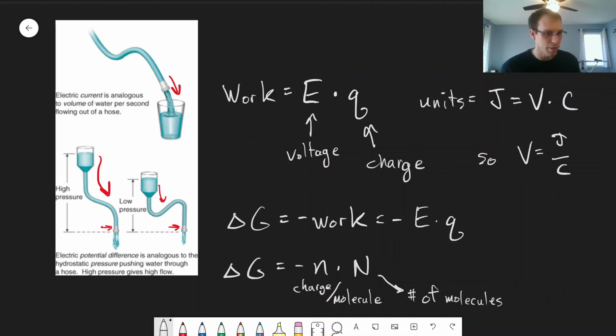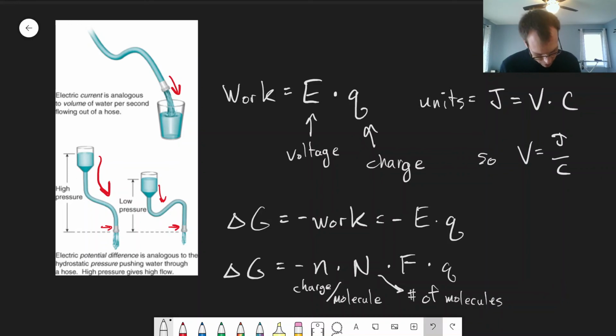So this will be something in molar quantities, times the Faraday constant, so charge per mole, times Q. So we've taken this voltage and broken it down into charge, and broken it down into how many molecules do we have, how much charge is part of this.